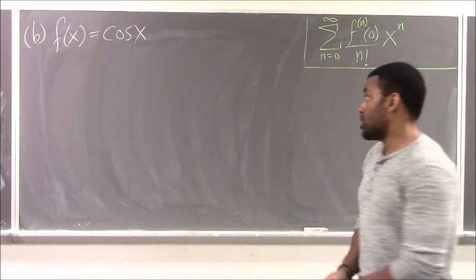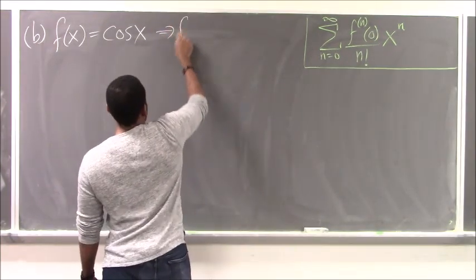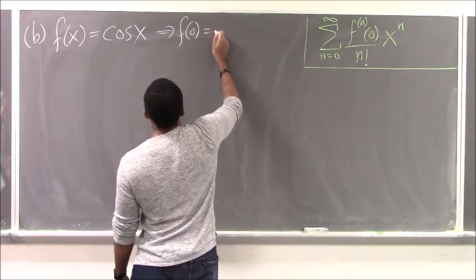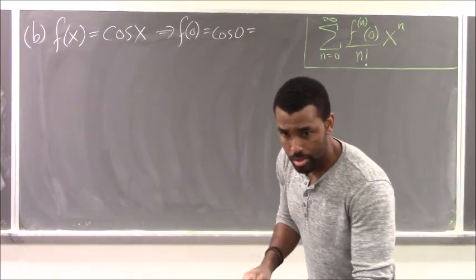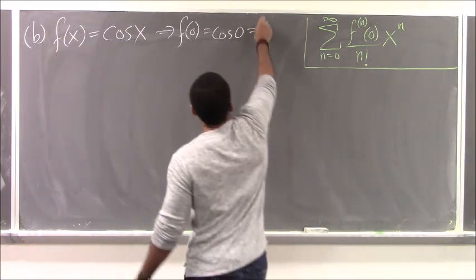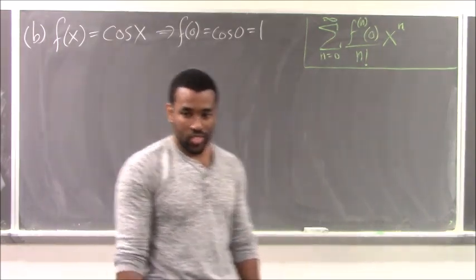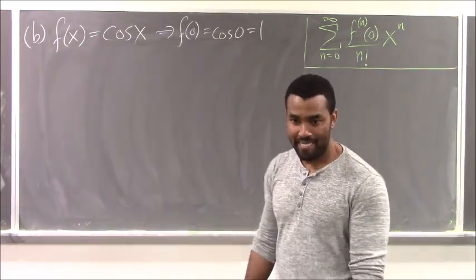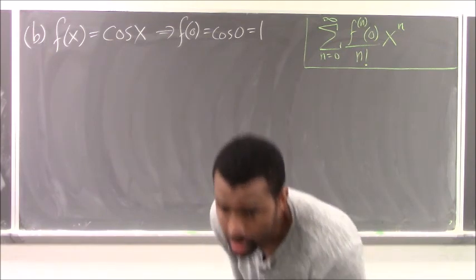Well, yeah, you start with cosine of 0. So first thing you do is you find f evaluated at 0. Well, that's cosine of 0, which is 1. Okay, what do we do now? Take the derivative.